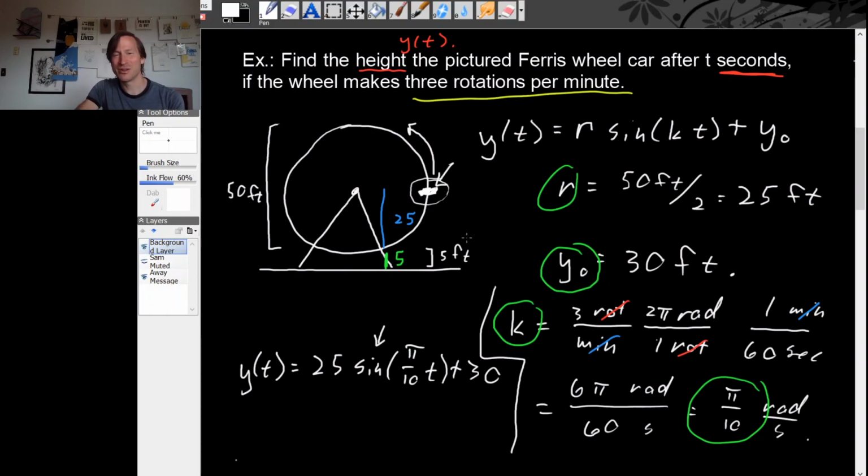The way that assumption snuck into this work is that we did not flip our sine function. That means that this function is going to start out at the middle increasing. So if the height of this Ferris wheel car starts out increasing, that means this Ferris wheel must be going counterclockwise instead of clockwise.